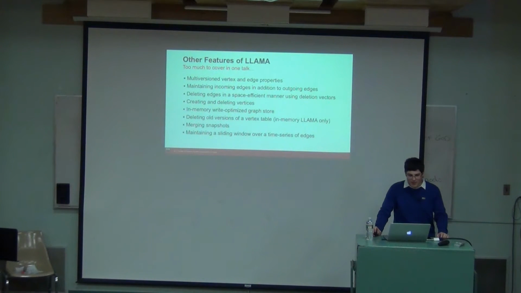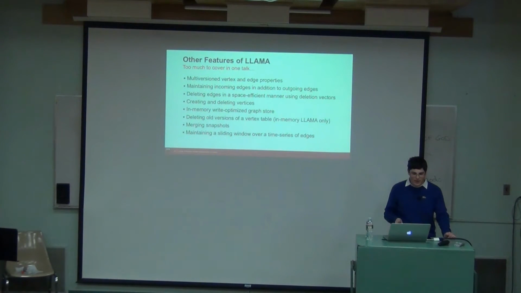So we implement multi-versioned properties similarly to the multi-versioned graph structure. We can furthermore maintain incoming edges in addition to outgoing edges. For example, on Twitter, outgoing edges allow you to ask who do I follow? Incoming edges say who are my followers?